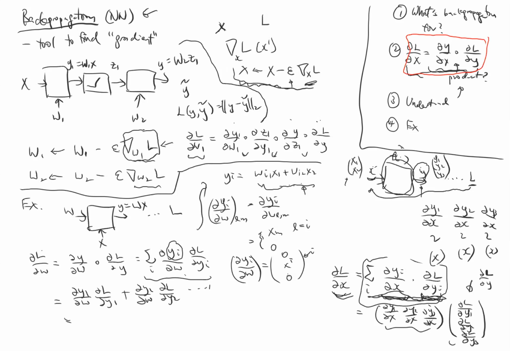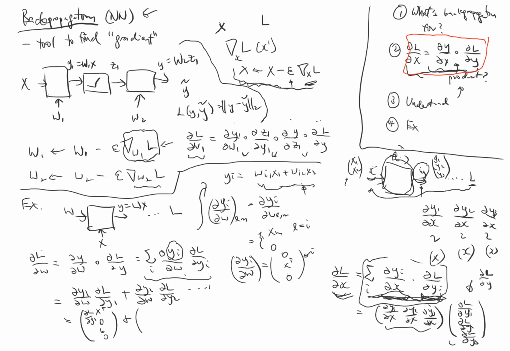Now let's look at the first term. That partial Y1 over partial W just means that the first row is X transpose and the rest is 0, multiplied by partial L over partial Y1. So I have partial L over partial Y1 here, and all 0 afterward.